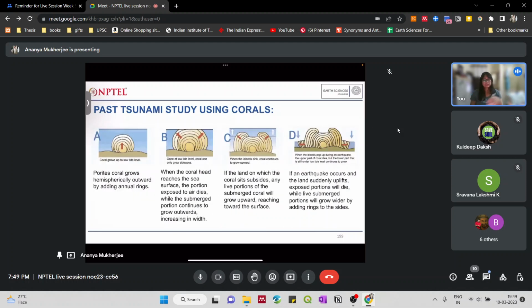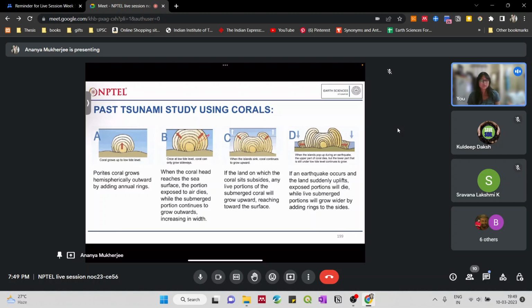Okay, so this is an example. Usually the corals that are used for this study are called porites. Their growth is hemispherically outwards when it is in the water. Whenever it intersects the water level, it stops growing above the water and starts growing on the sides.